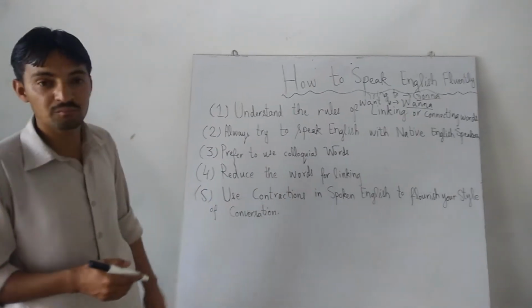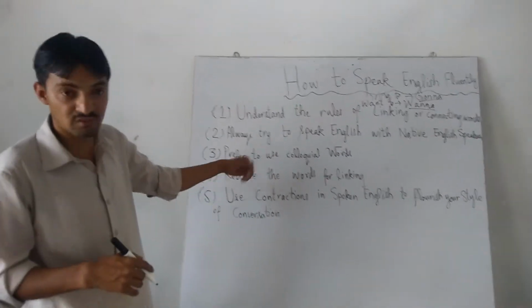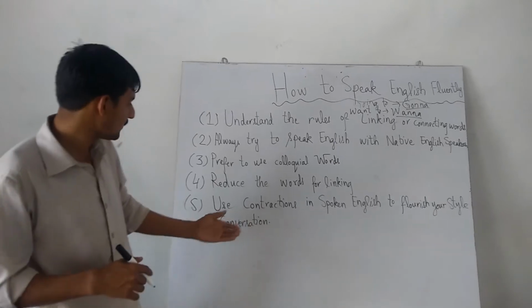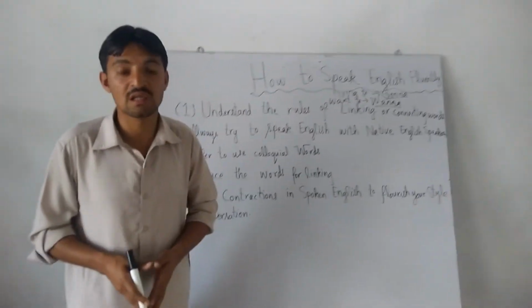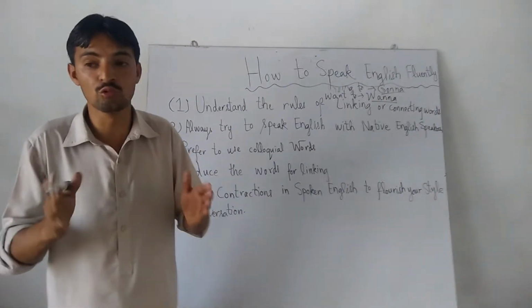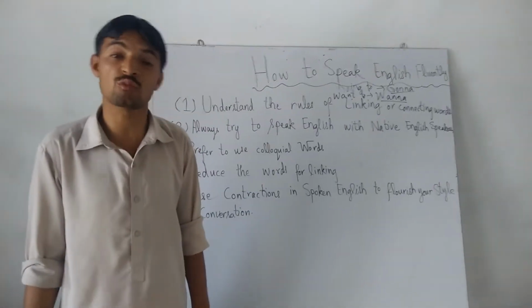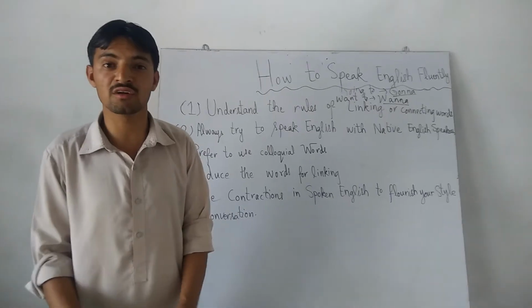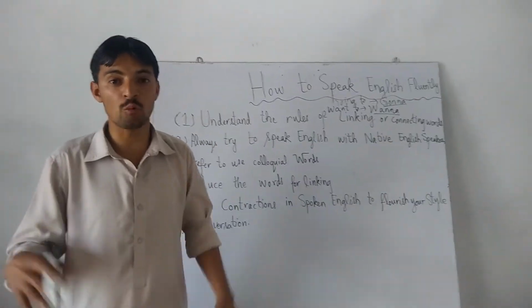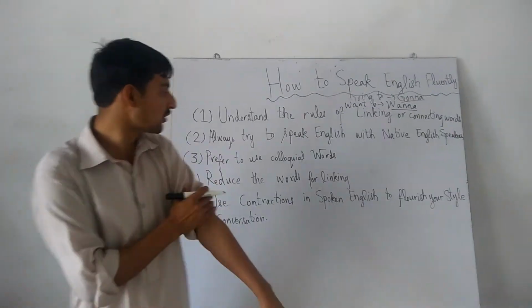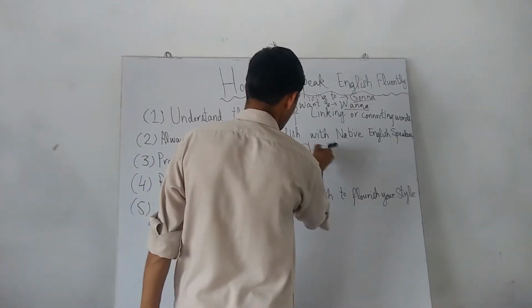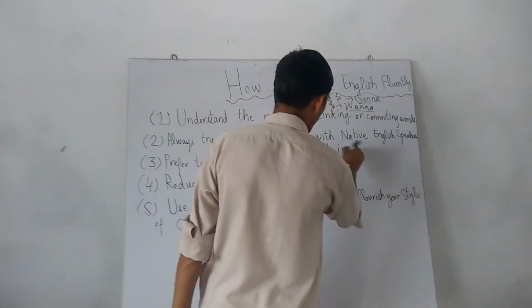The third step is to prefer to use colloquial words. You have to use those words which are actually used in spoken English, in spoken style, not in written style. I'm going to give you a best example. You can use the word start in spoken English.